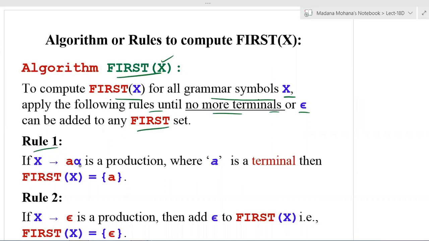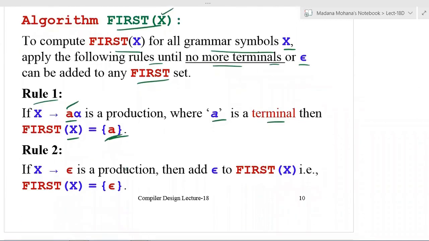If X derives a alpha is a production, where the right hand side starts with a terminal small a, then first of X equals the terminal a. This we already saw in the initial definition of first of alpha.